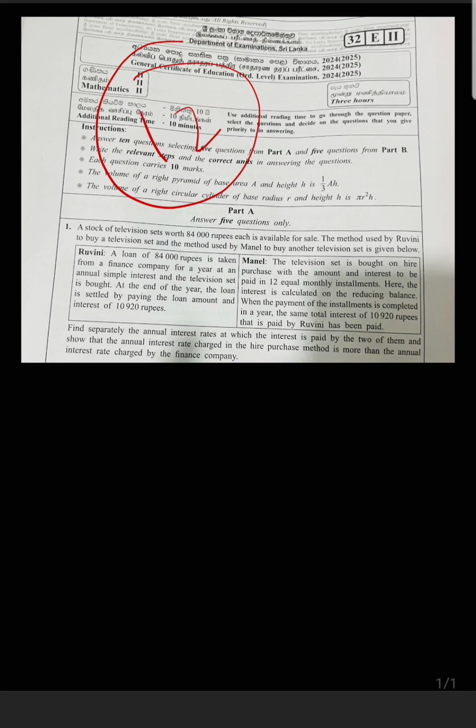It means for how much percentage it will be 10,920. So we have to do this question in reverse. For example, here we have two choices. The first one is, we know the exact amount is 84,000.